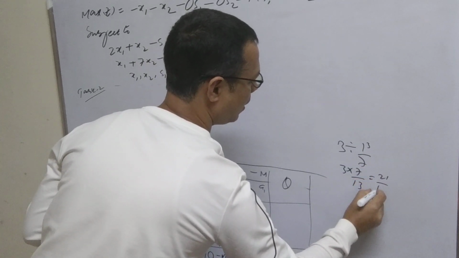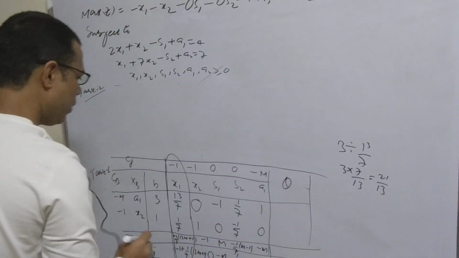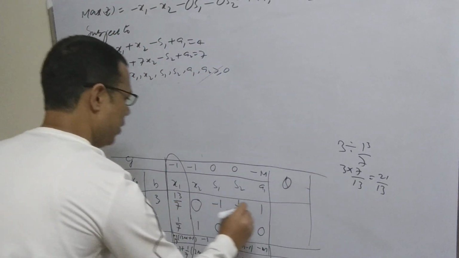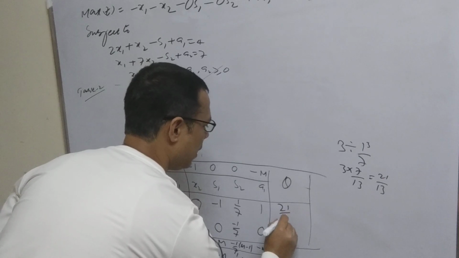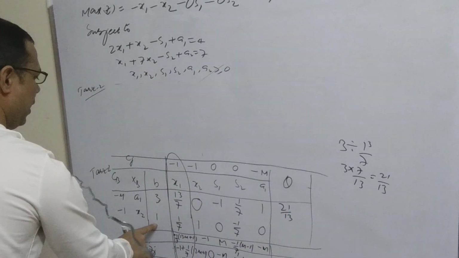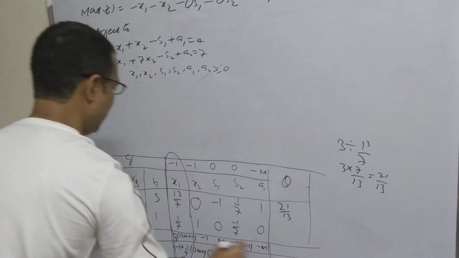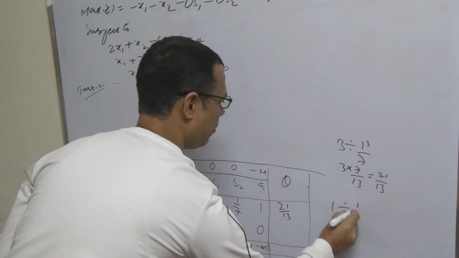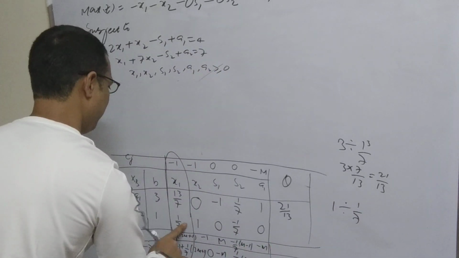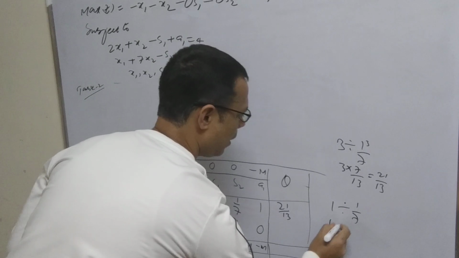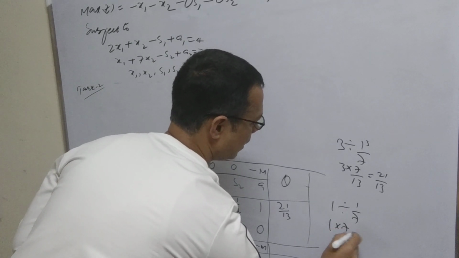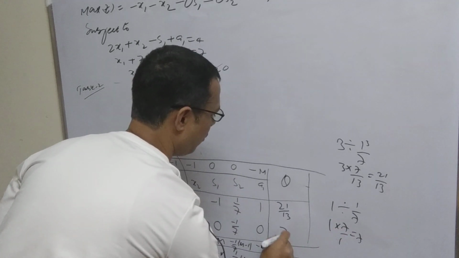So 21 by 13. So you can write here this one, 21 by 13. Similarly, if you are going to divide this one by 1 by 7, here 1 into 7 by 1, so this value will be 7.